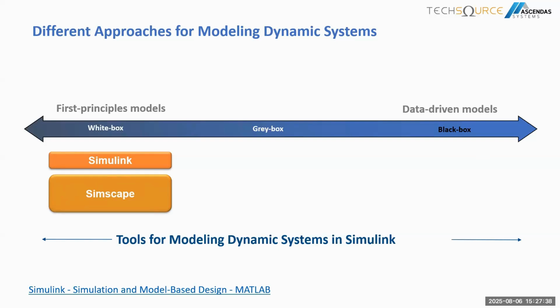So most of the time we need to parameter tune these models. So what we do is we use Simulink Design Optimization to get the parameters much closer to what we have initially with our first principle systems.